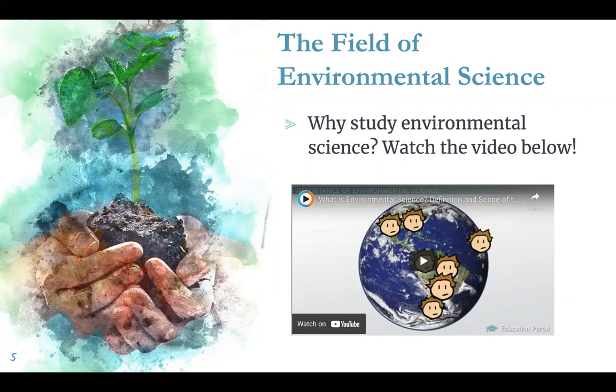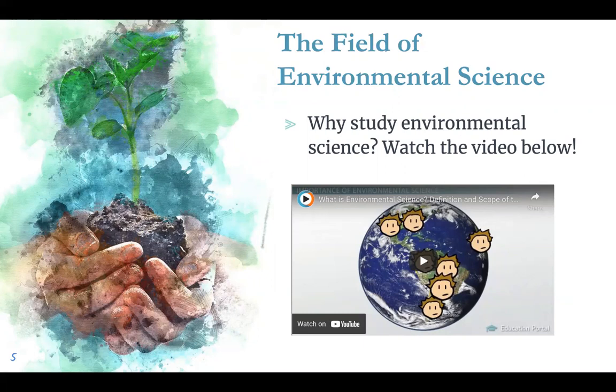So we need to make sure that these processes stay in place. And so one of the reasons to study environmental science, as a summary, is so that we know how humans affect the world, because the human population is growing and we want to make sure that these environmental processes still function.